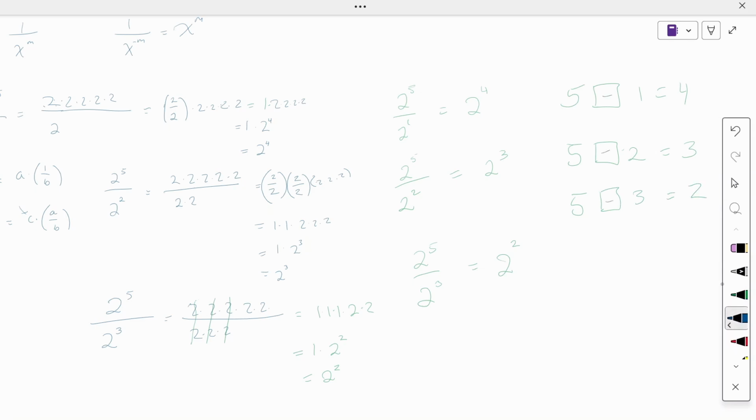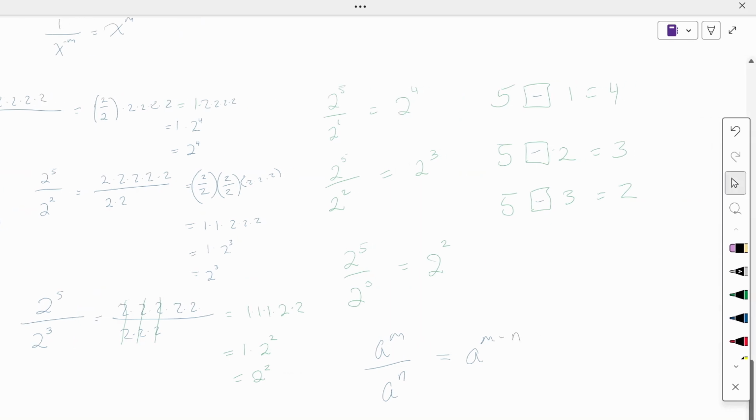Because you have 2 to the first power, it's like when you had 2 to the 5th in the numerator, you subtracted 1 from the 5, giving you 2 to the 4th. When I had 2 to the 5th divided by 2 squared, of course, 5 minus 2 gives you 3. So it's almost like the exponents subtract when you have a to the n divided by a to the m. So we may write a new rule, and that is the exponent subtraction law.